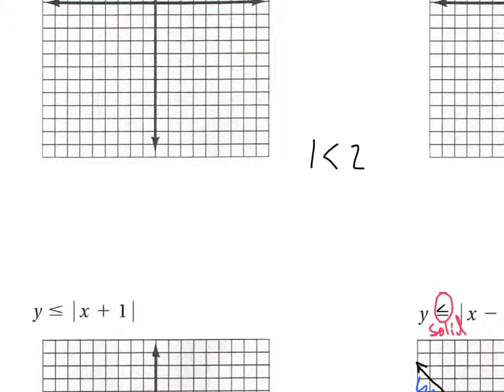What if I multiply both sides by -2? -2 times 1 is -2. -2 times 2 is -4. Which one's bigger? -2 is bigger than -4.